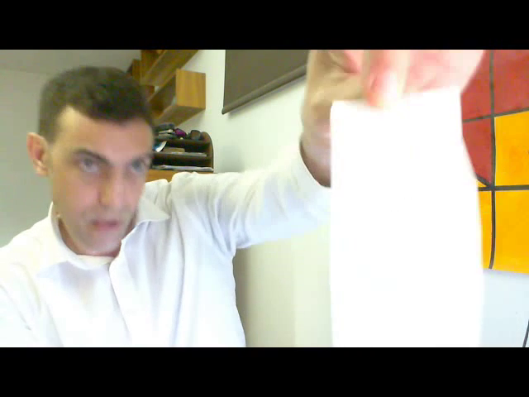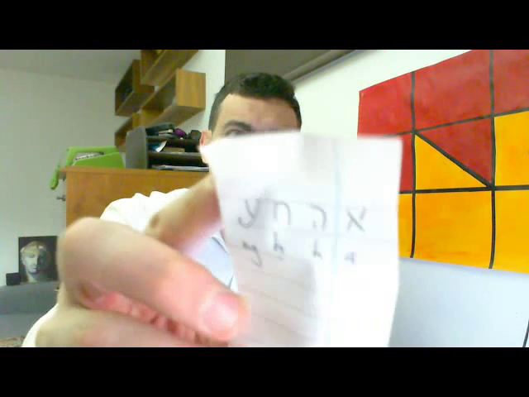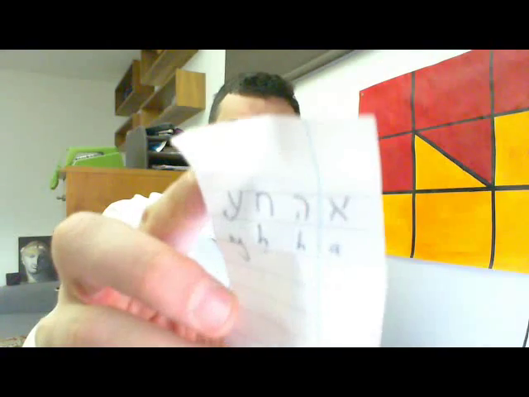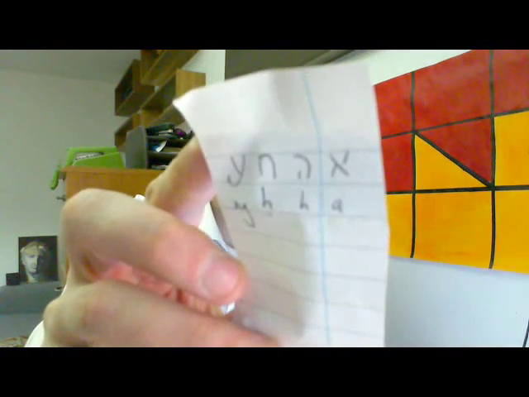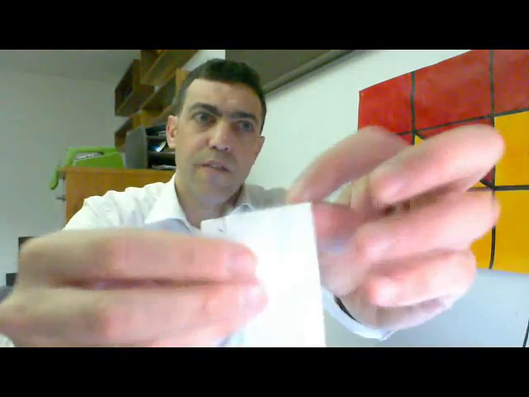Here I've written out the gutturals, with the transliteration underneath. What you do then is fold it over, and from memory, you write it out with the transliteration underneath.